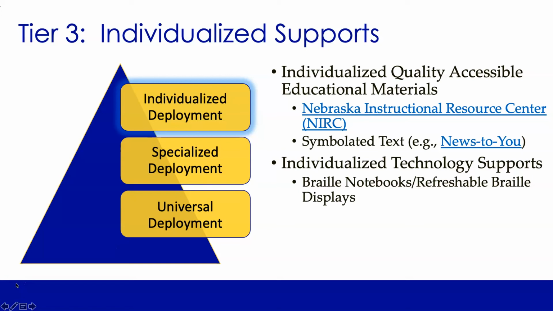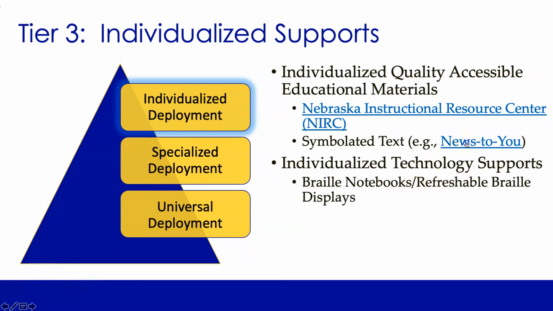The Nebraska Instructional Resource Center, or NERC, provides access to education materials in highly specialized formats, such as Braille. We can also look at examples of symbolated text like News to You.